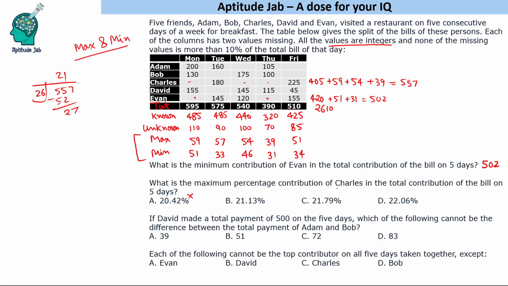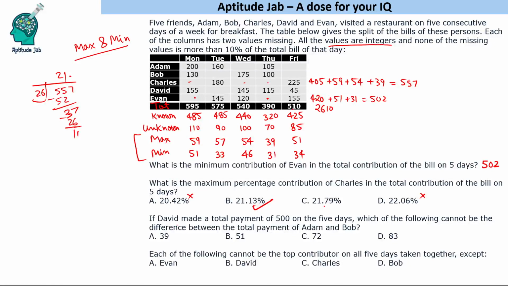It is among 21.13, so if we see 21, right, we get 21.0. We are dividing by 26, not by 26.1. Okay, so we'll get close to 21.13. So that will be the answer that we will get. Okay, sorry, we are getting 21.4 if we divide by 26, isn't it? So this will be slightly less than that, so 21.13.